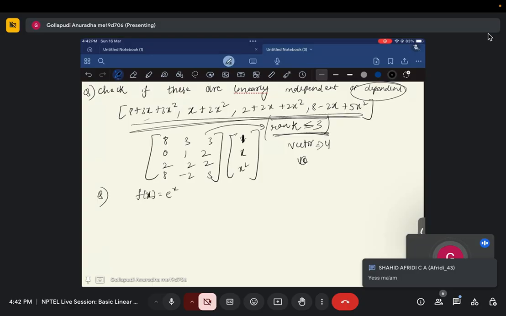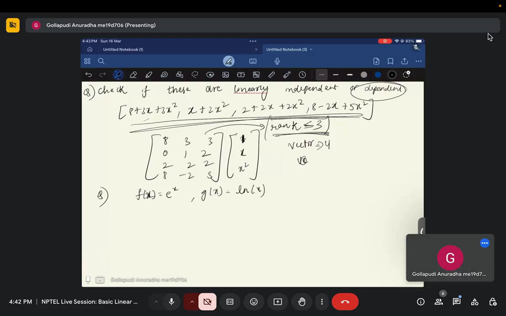f of x is equal to e power x and g of x is equal to ln of x. Will this be linearly independent or not? Linearly dependent or independent?